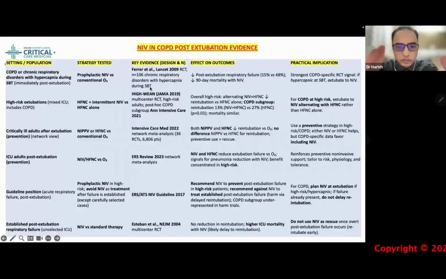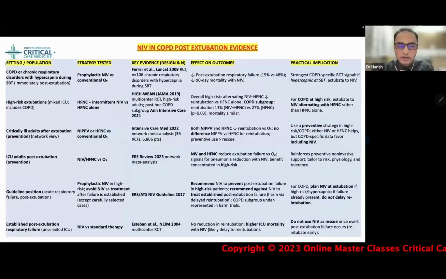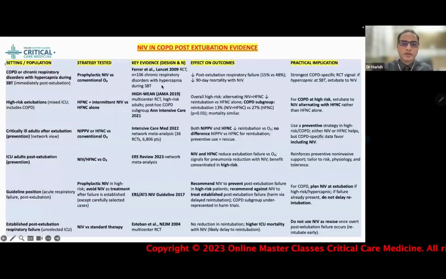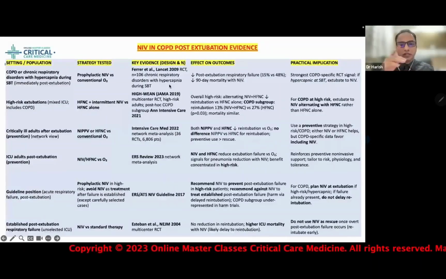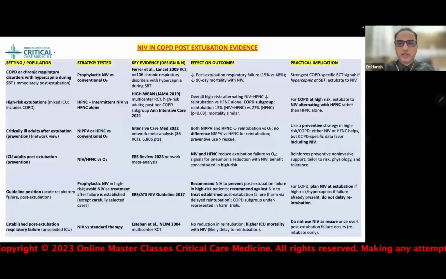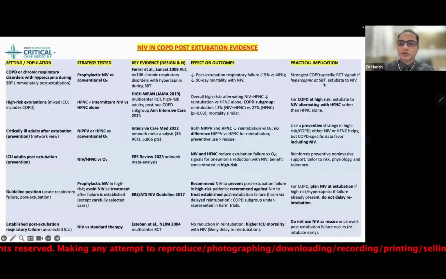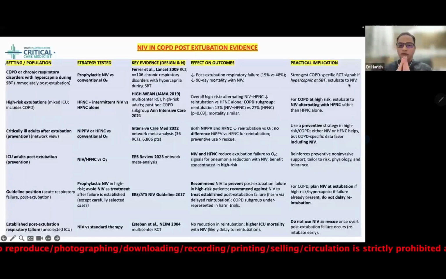They were given pressure support ventilation or T-piece. They try to wean, but they still have hypercapnia. Still they extubated and put them on NIV. So it suggests that if hypercapnia is there during the spontaneous breathing trial in COPD patients, we can safely extubate them to NIV if other criteria for weaning are good.